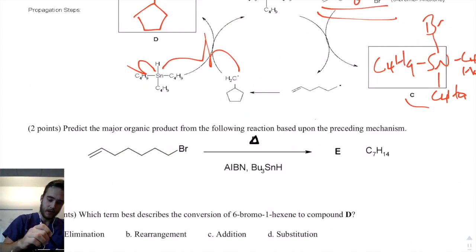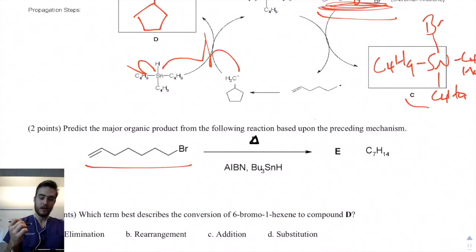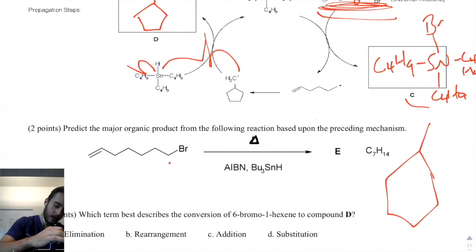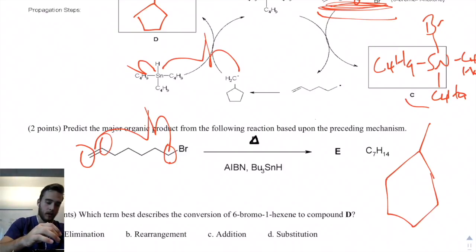This one had 6 carbons, and it formed a 5-membered ring. This one has 7 carbons, it'll form a 6-membered ring. So just a cyclohexane with the methyl on top. And we don't need to write out the entire reaction because this one is just very similar. If we had our free radical right here, it would form a bond like this, right? So this molecule and this molecule are forming together, making a cyclohexane with this as the methyl on top.